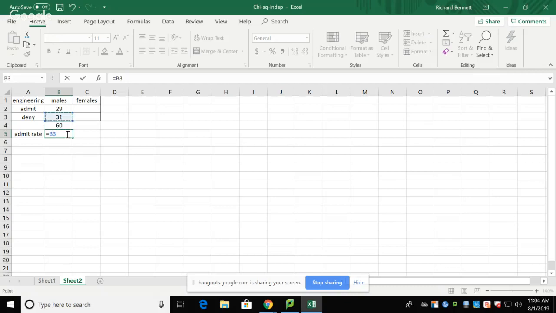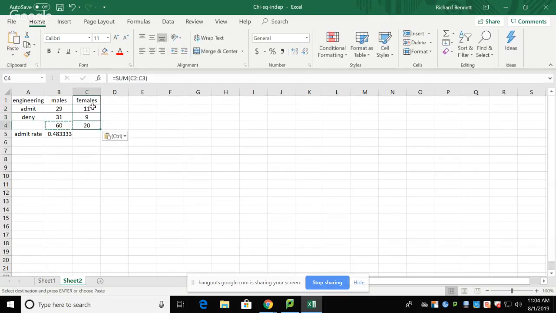So that shows 48% were admitted. Okay, so let's check out the women. The women, we had 11 women admitted, 9 denied, for a total of 20 women.